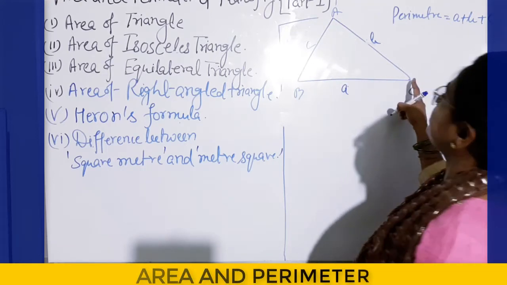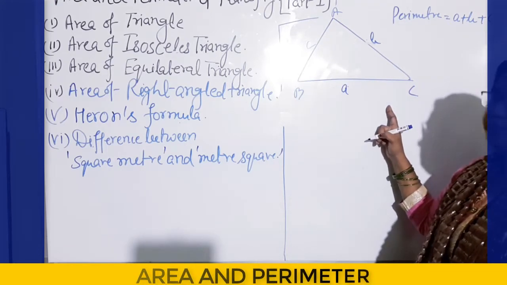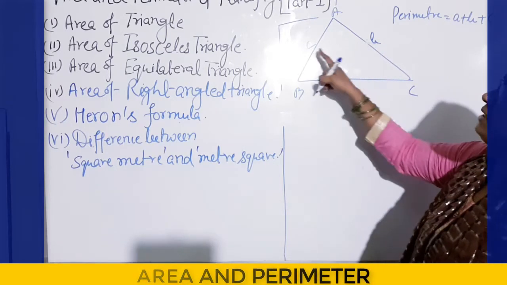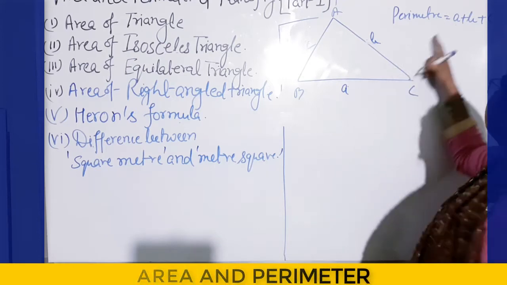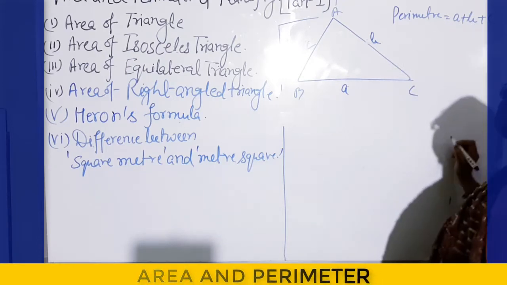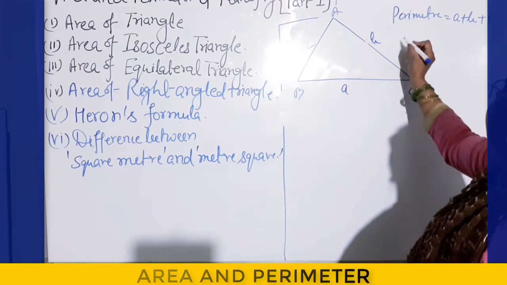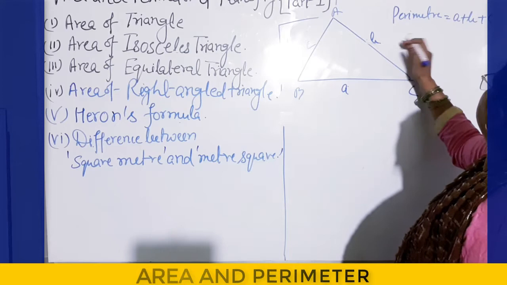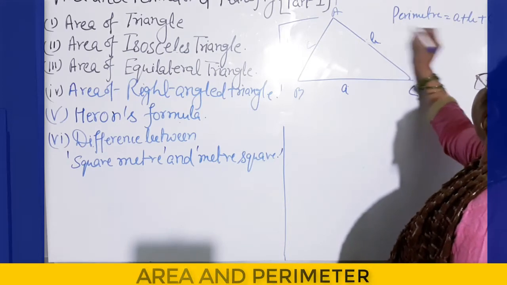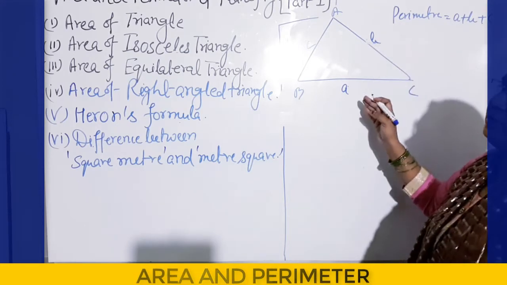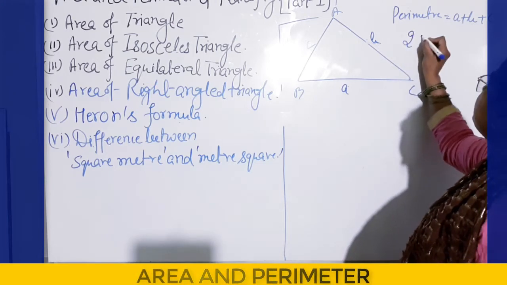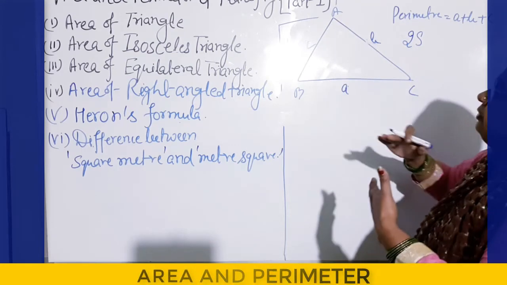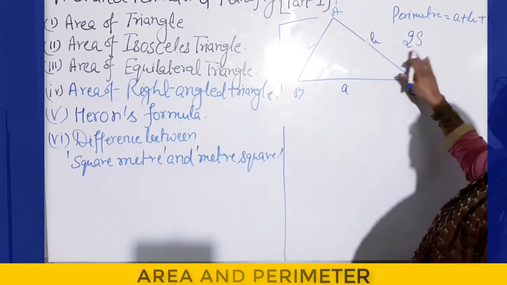The length of the sides of the given shape, that means a plus b plus c, the sum of all sides of the triangle, is the perimeter. And the semi perimeter, half of the perimeter of the triangle, is s, so the perimeter is 2s.